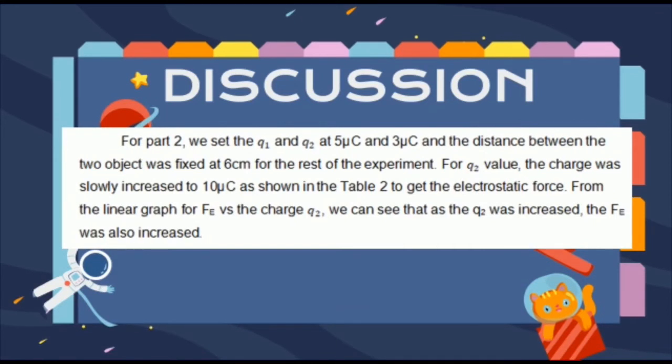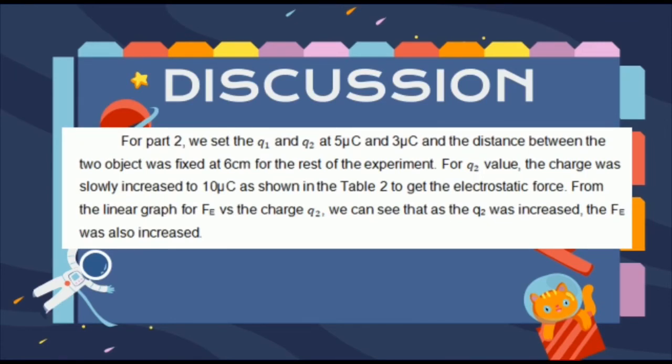And then we have the discussion for part 2. For part 2, we set Q1 and Q2 at 5 microcoulomb and 3 microcoulomb, and the distance between the two charges was fixed at 6 cm for the rest of the experiment.